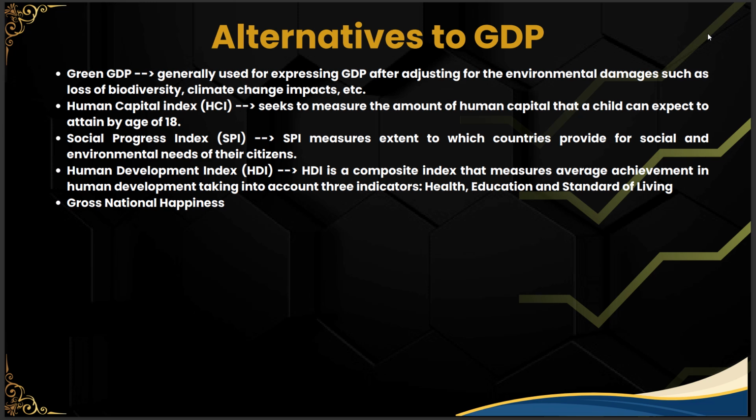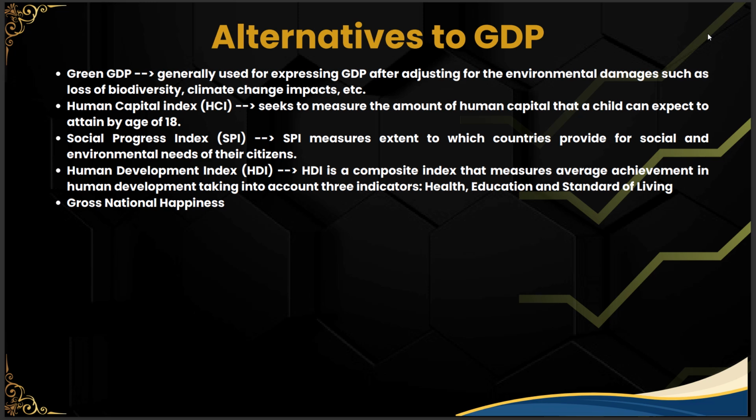Next one is Gross National Happiness. It attempts to measure the total sum not only of economic output but also the net of environmental impacts, spiritual and cultural growth of citizens, better mental and physical health, and the strength of corporate and political systems. What it does is put happiness in front of development.